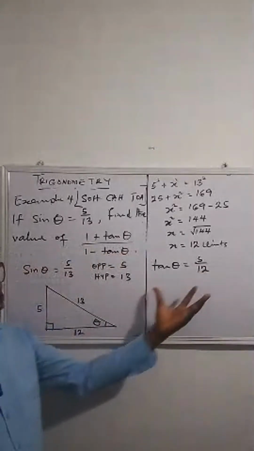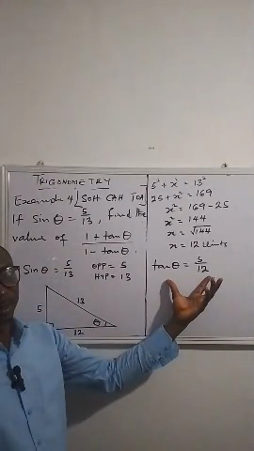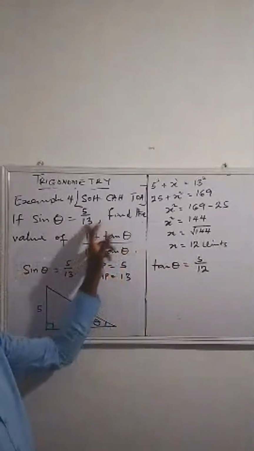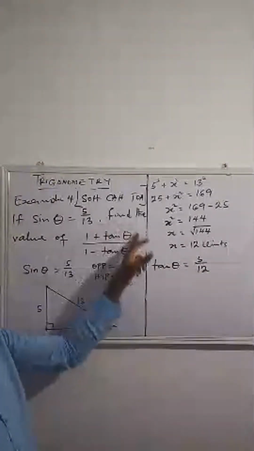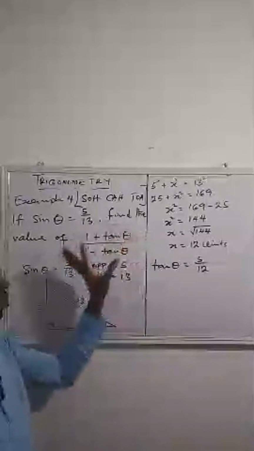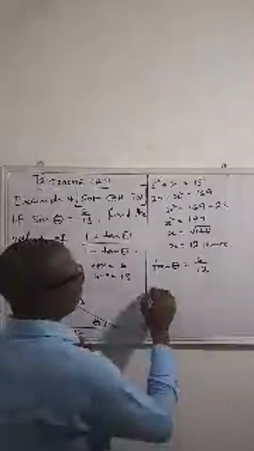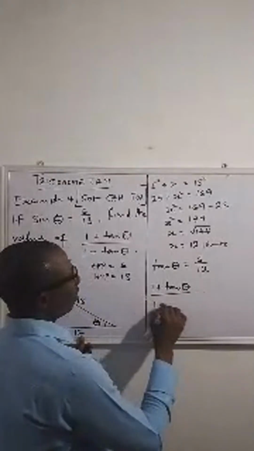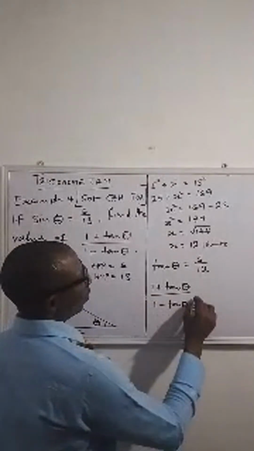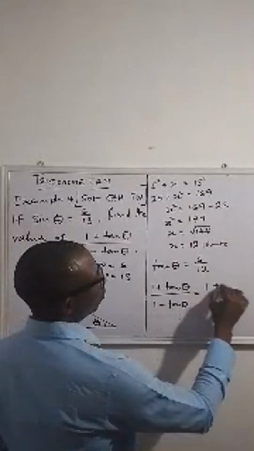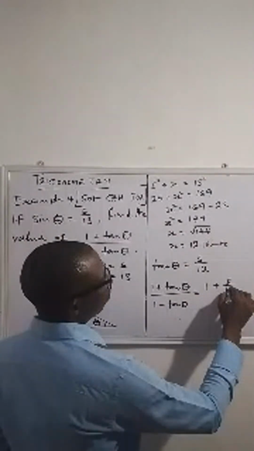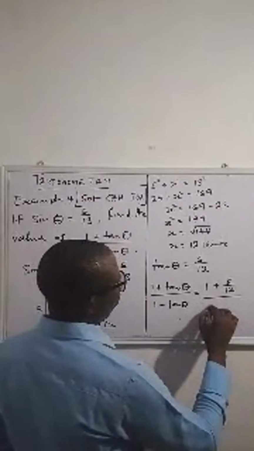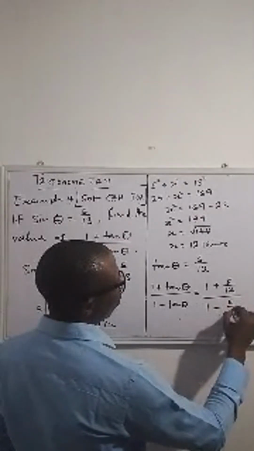Okay, so we now know tan theta. So now this 1 plus tan theta over 1 minus tan theta will be equal to 1 plus 5 over 12, all over 1 minus 5 over 12.